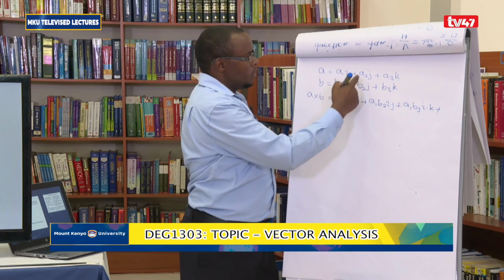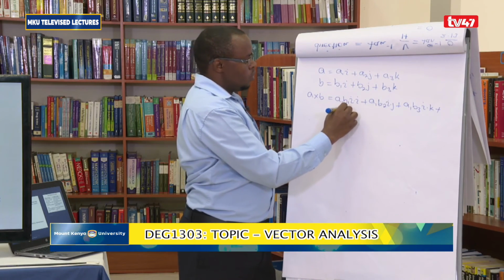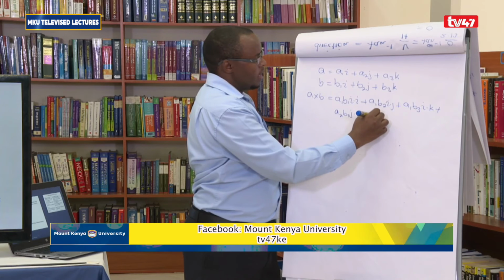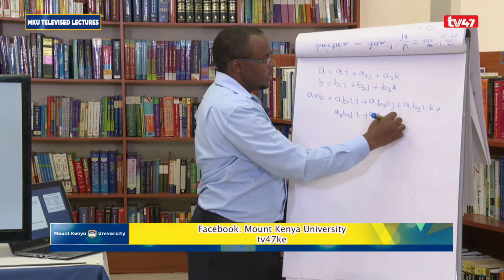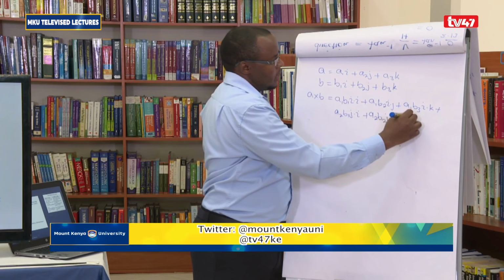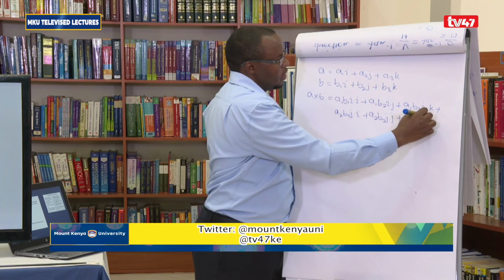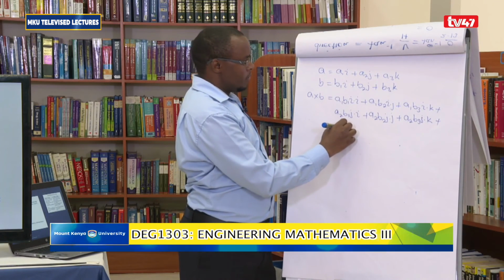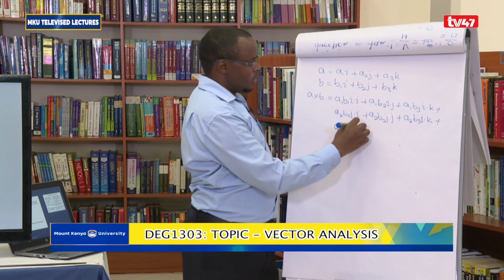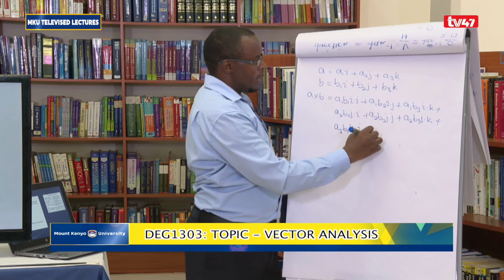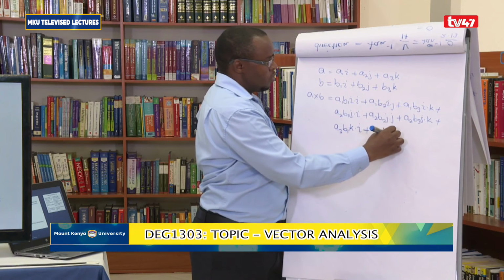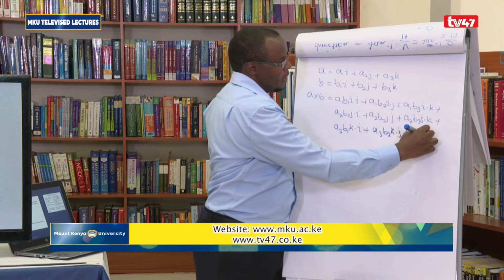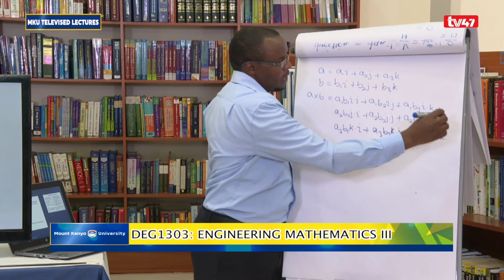Then the second one: A2 B1 j dot i plus A2 B2 j dot j plus A2 B3 j dot k. And in the last one: A3 B1 k dot i plus A3 B2 k dot j plus A3 B3 k dot k.